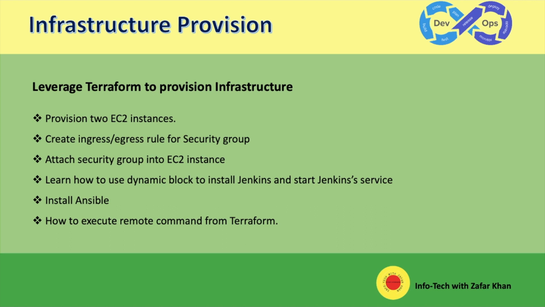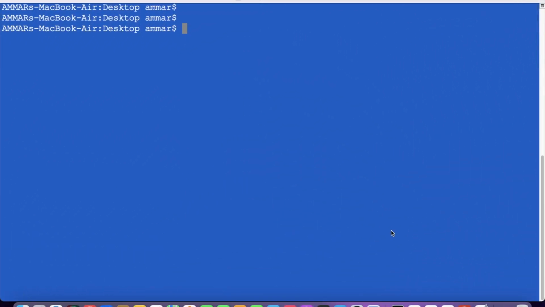Similarly, we will do the same for Ansible as well. Then how to execute commands from Terraform. So all these things we will do in this video. Currently I am running Terraform version 1.3.6. Let's start off by creating a folder for our working directory and create files under this folder.